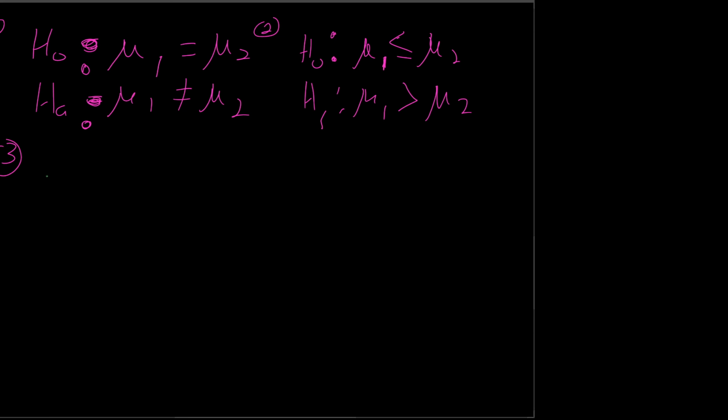The third case is that my null hypothesis was that sample 1 is greater than or equal to sample 2, which means the alternative is that sample 1 is less than sample 2. Notice how we're comparing sample 1 to sample 2. Previously we had said the null hypothesis is equal to some value or less than some value. Here we're taking one sample and comparing it to another with our hypothesis test.